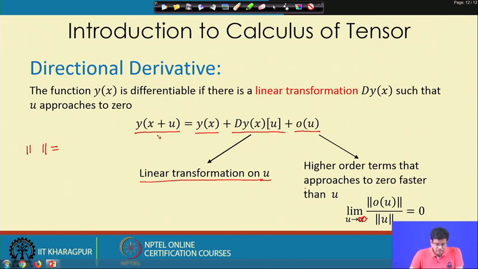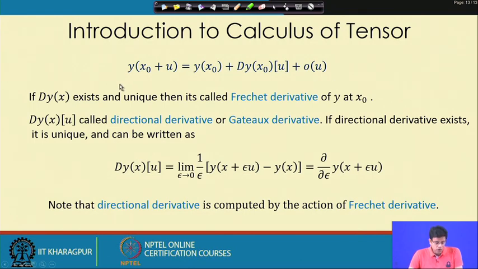So, let us see what this linear transformation means actually. Now, if this linear transformation exists and is unique, then it is called simply the derivative or the Fréchet derivative. Probably you have heard this.